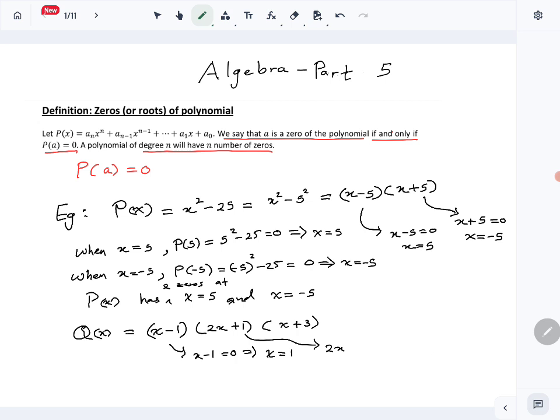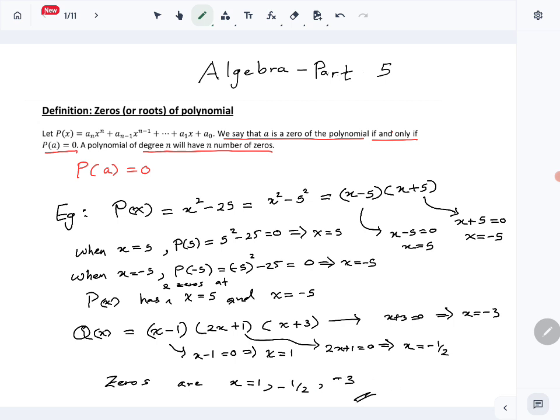Second factor equal to 0, and so you get x equals minus half. Then do the same thing for the third factor, x plus 3 equals 0, or x equals minus 3. So what are the zeros? Zeros are x equals 1, minus half and minus 3.